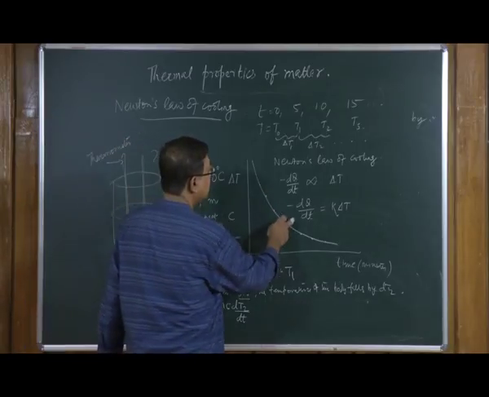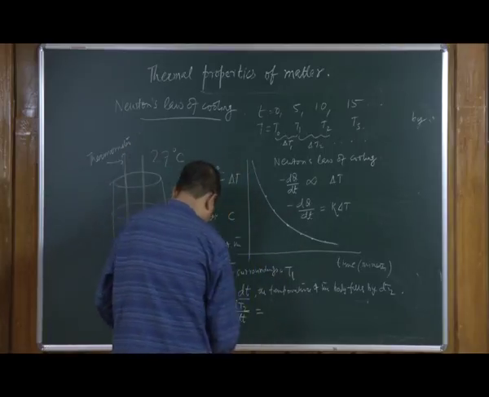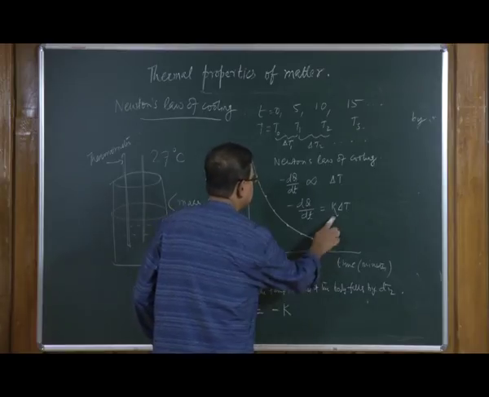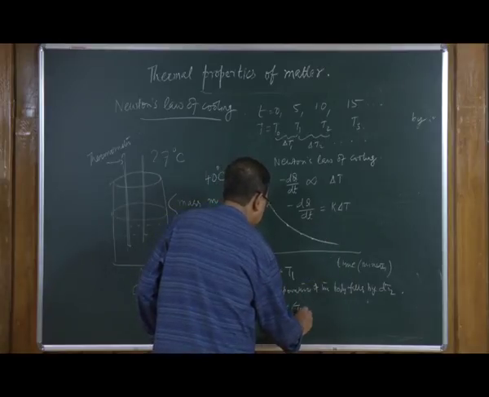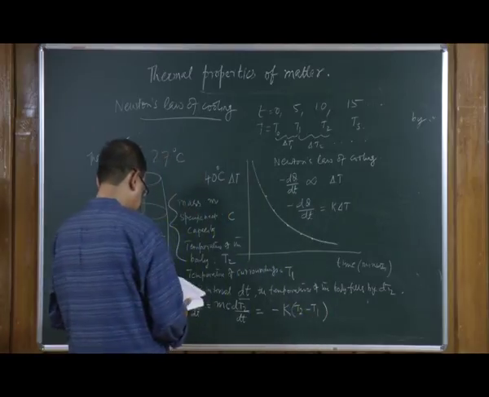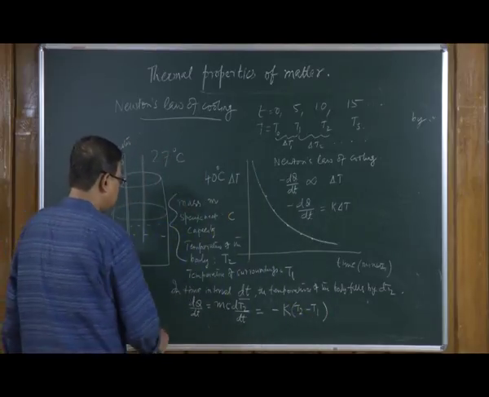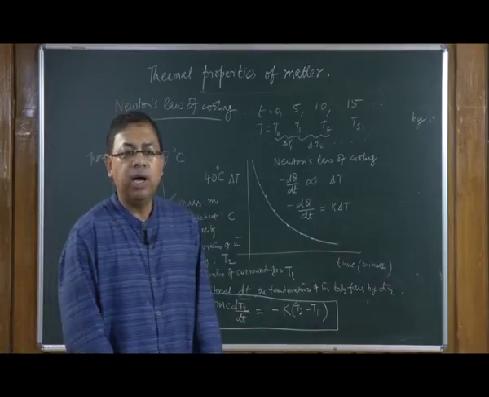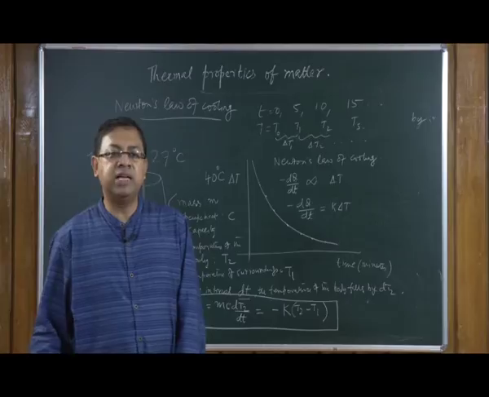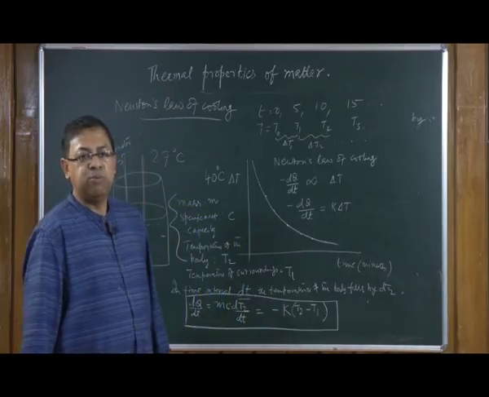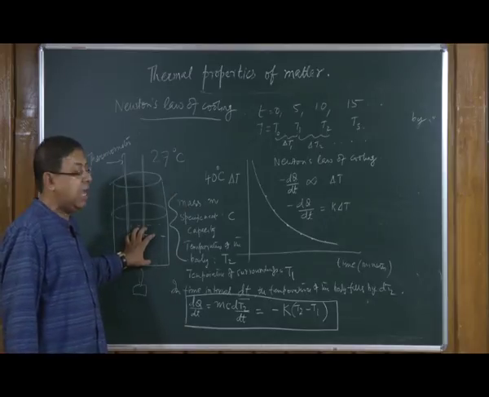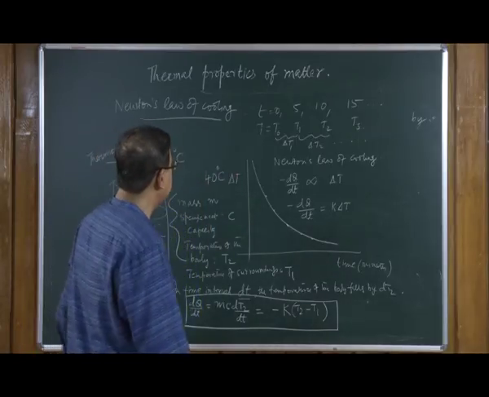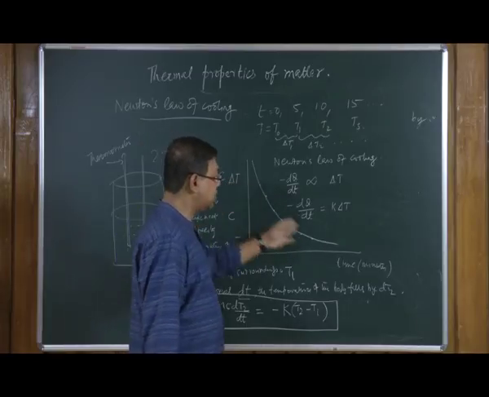Now, according to the law of cooling, dQ/dt is equal to minus k times (T2 minus T1), and I need to solve this in order to get a relationship which tells me how, as a function of time, the temperature of the substance falls, and which finally would come to thermal equilibrium if you wait for long enough, and to validate this curve, that is the temperature versus time curve.